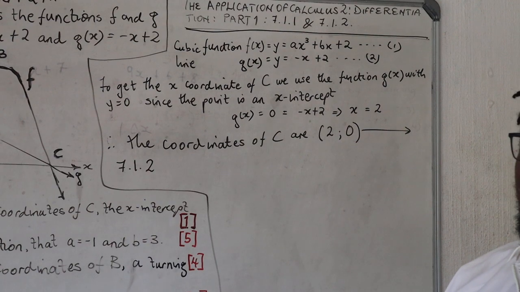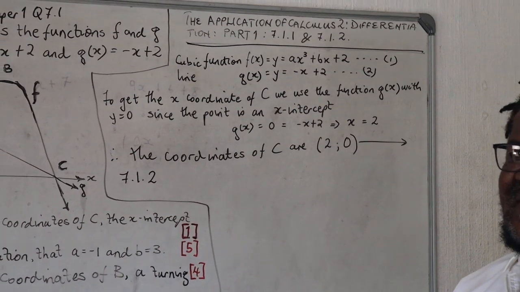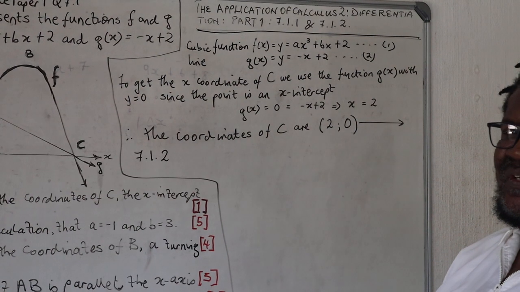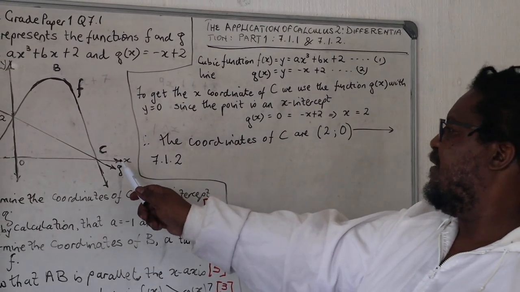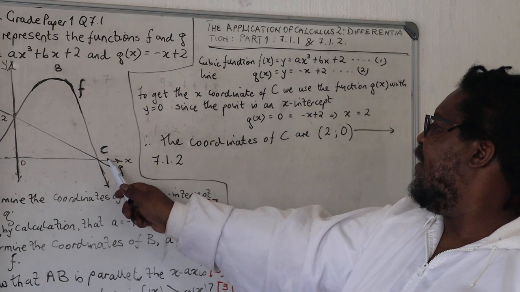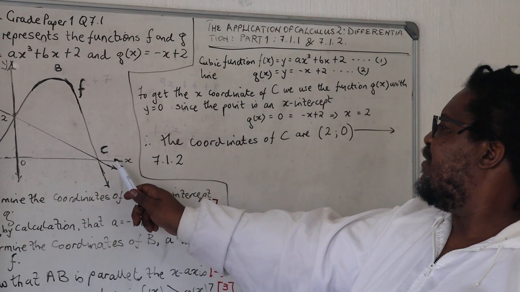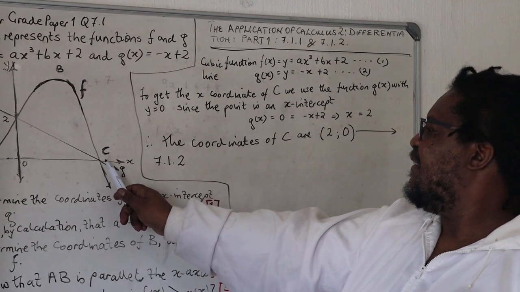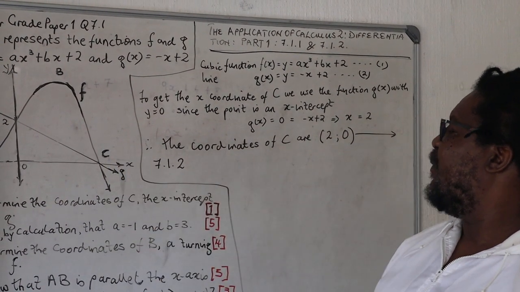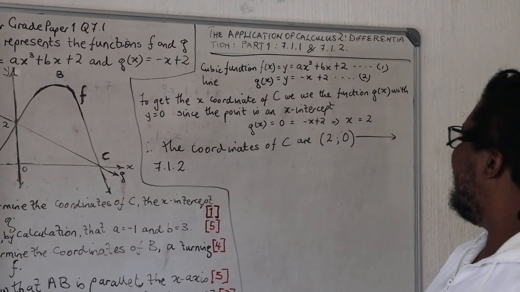Then we solve those two equations simultaneously in order to get the two unknowns. So here we have already found the coordinates of C. That means those coordinates satisfy both the equation of the line and the equation of the cubic function.